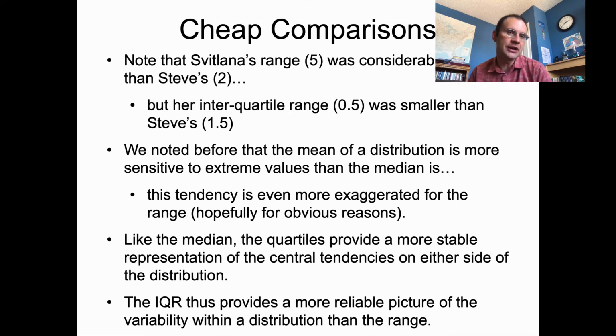What I'm working up to here after this lecture: in the next lecture, we're going to look at a way of portraying data in a distribution called a box plot. We're going to kind of wind up incorporating both of these measures in it in different ways. But this is sort of why the interquartile range takes a more prominent role in the way that people present data nowadays.